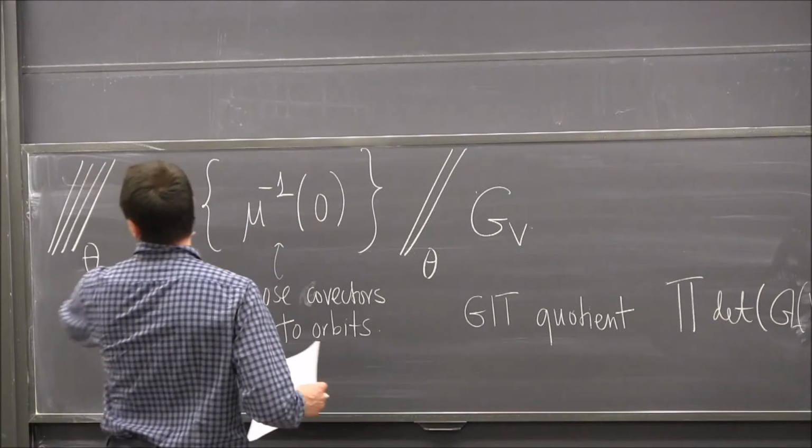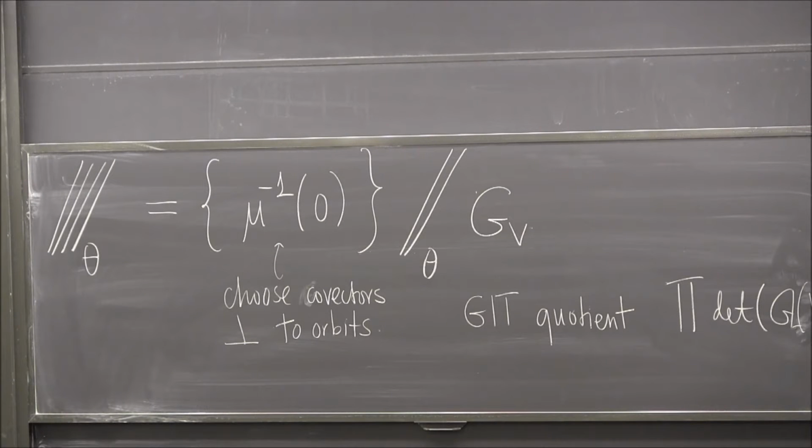If there are stable points in the representation, then the cotangent bundle to that would sit as an open set in this, when you first take the moment map and then take the quotient.